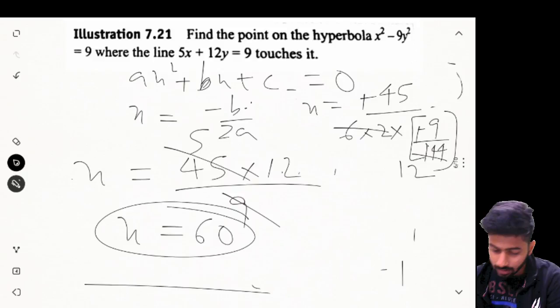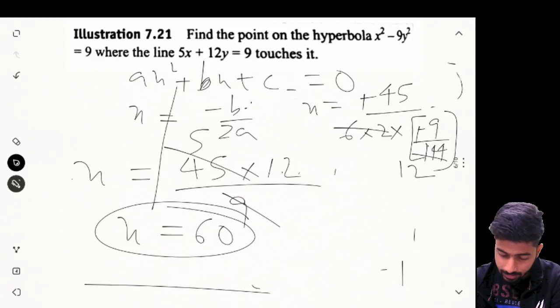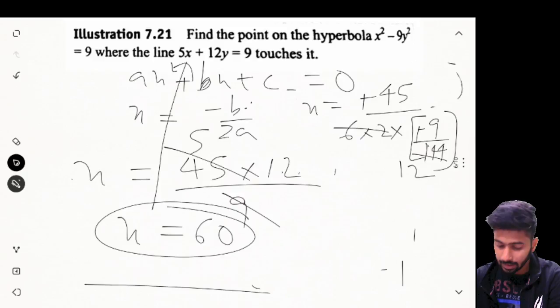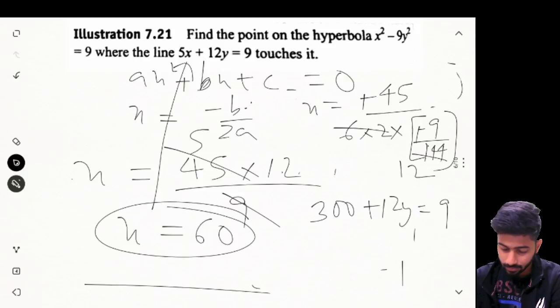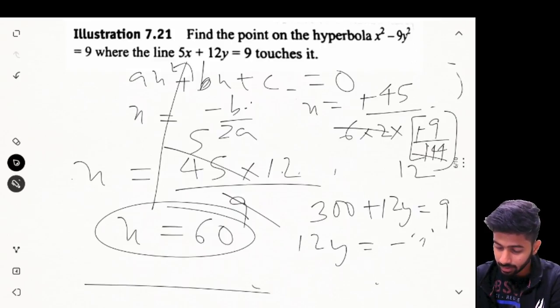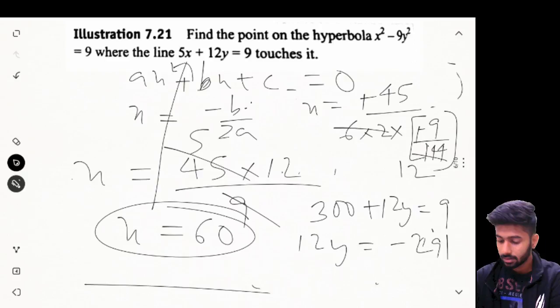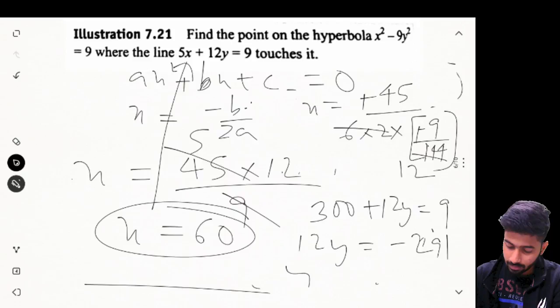You can straight away put this x coordinate in this and get the y coordinate in the line basically. So 5 times 60 is 300 plus 12y is equals to 9. So what you have is 12y is equals to 9 minus 300, which is minus 291, right? So y is equals to minus 291 divided by 12.